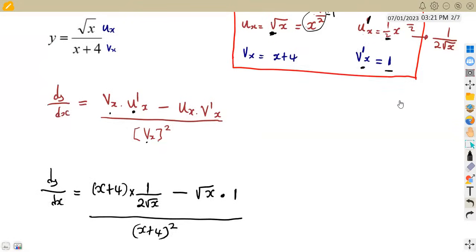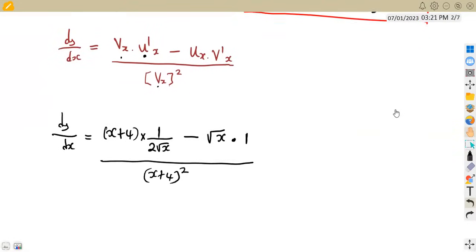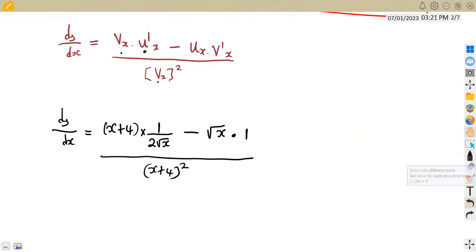You can simplify to rearrange your answer in a proper manner. Here we can just multiply, because this is the same as over 1. Remember, every whole number as a fraction is over 1. So we multiply the numerator to the numerator and the denominator to the denominator, that is x plus 4 times 1, which is x plus 4 over 1 times 2 square root of x.